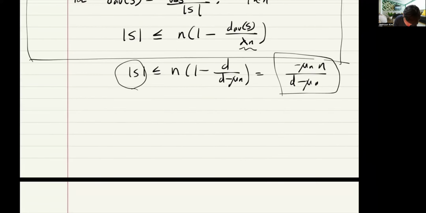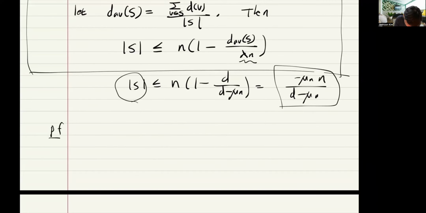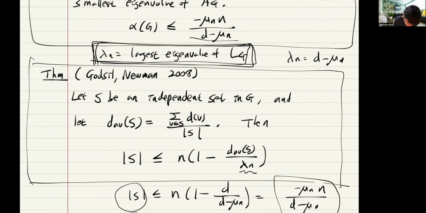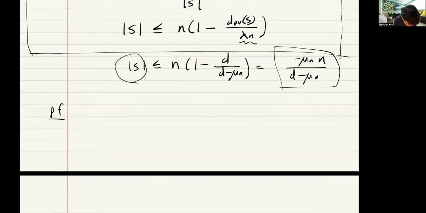And the proof of this is easy. So again, this is the largest eigenvalue of the Laplacian. That means that no matter what vector you take, its Rayleigh quotient is at most lambda n.